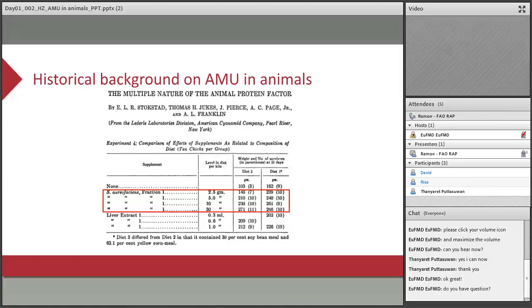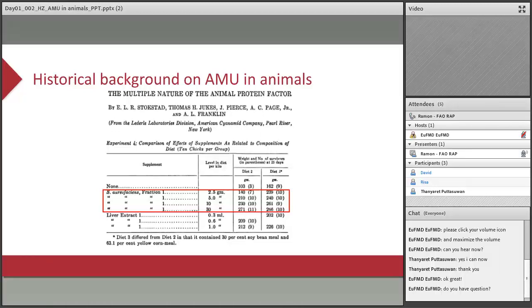So here's the antibiotic I mentioned before, and this is the positive control group. We can see they used different dosages of these antibiotics: 0.5, 5.5, 10, and up to 30. They added it into two types of diets, and looking at the weight gain from each diet group, you can see a significant increase in both groups.